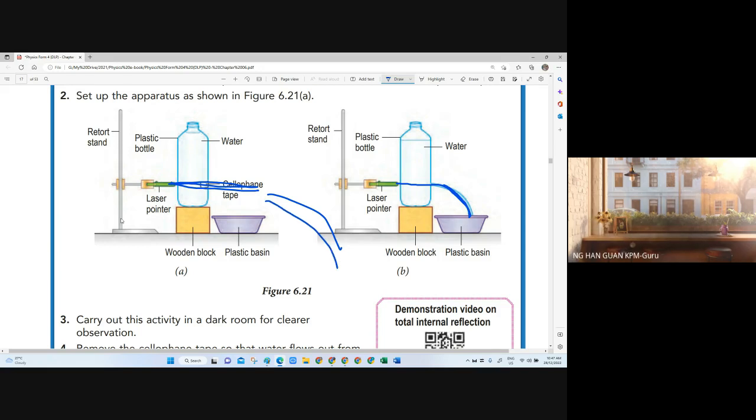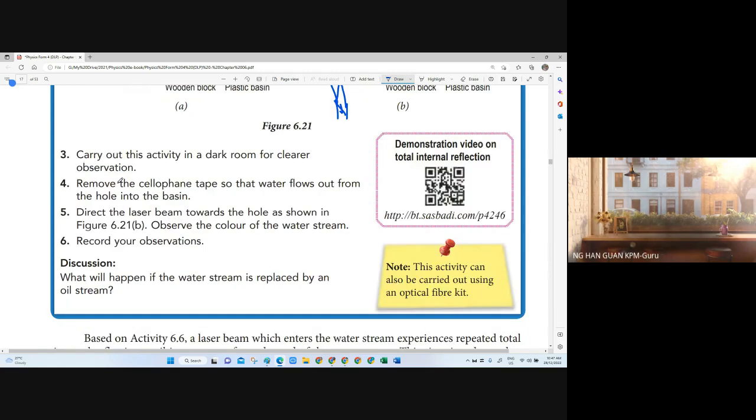When the laser light hits here, this angle is more than the critical angle, so there will be total internal deflection, and it will be bent or deflected inside. When it comes to this angle again, it will be deflected again. This one is also more than the critical angle, so total internal deflection occurs. That's why it follows, and at the end it falls according to the falling of the water. This happens just like our fiber optic.